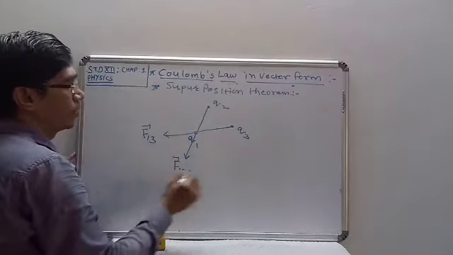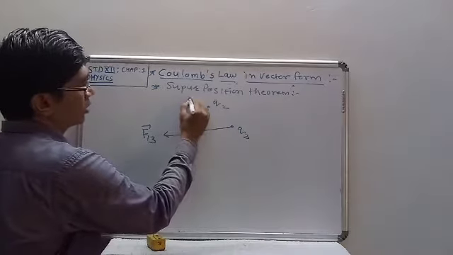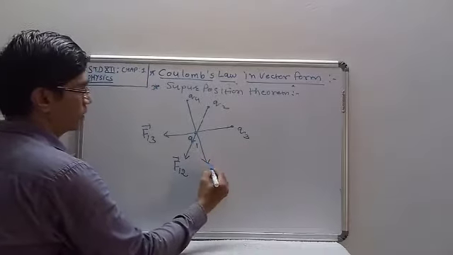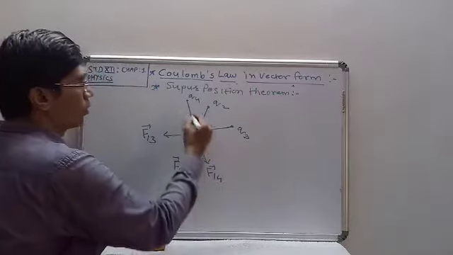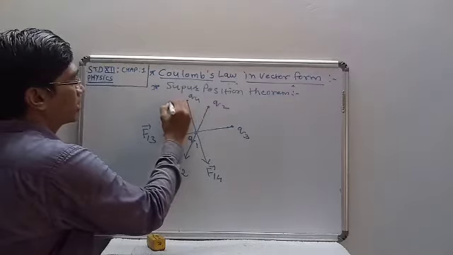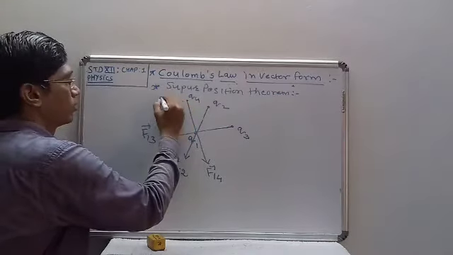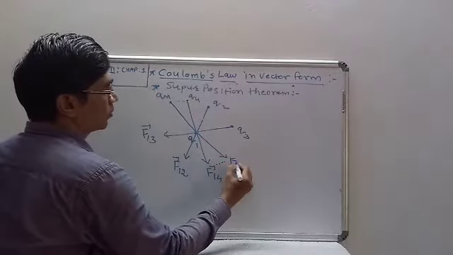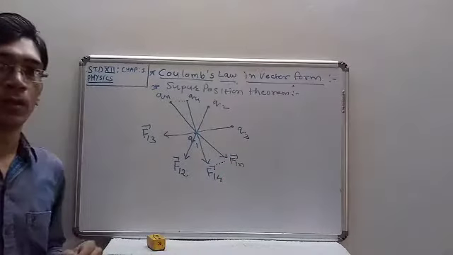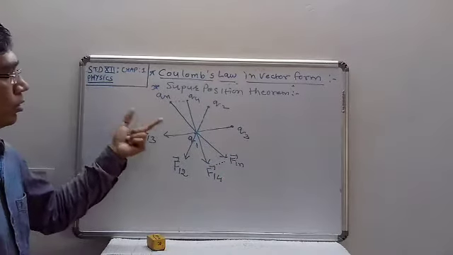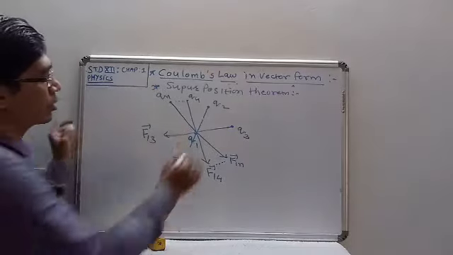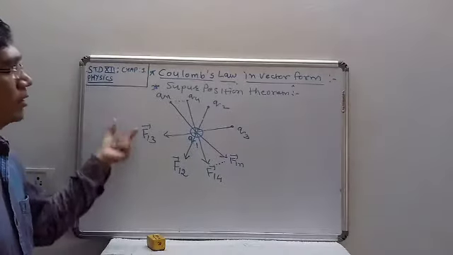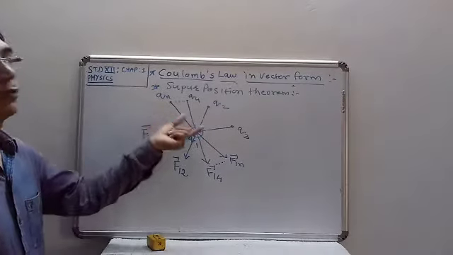F13. Same way you can take another charge Q4. Due to that, the force exerted on Q1 is F14. Same way we can take N charges. Here is the Qn charge, and due to that the force exerted is given by F1n. So the net electric force acting on the Q1 charge due to all other charges is the vector sum of individual forces.